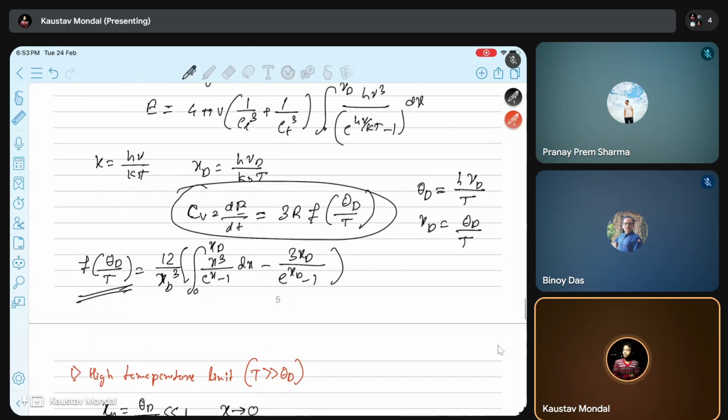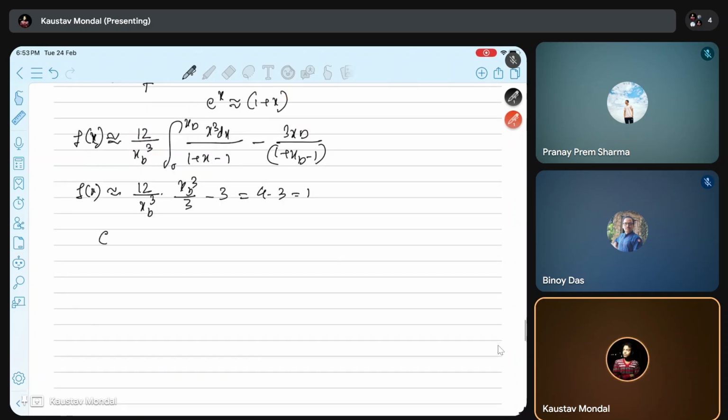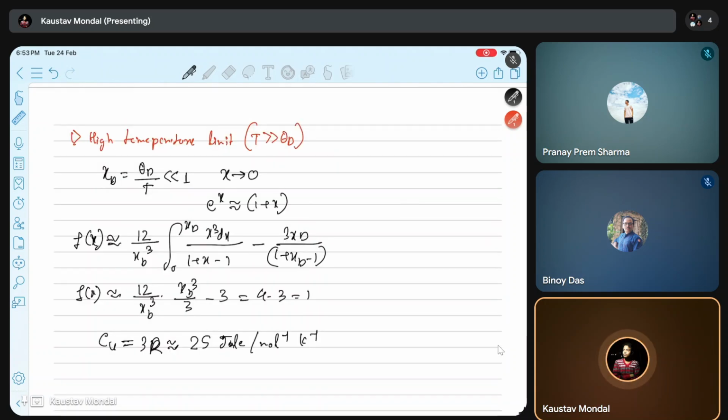So from this expression you can tell Cv is equal to 3R, that is a very known thing to us, that is 25 joule per mole inverse Kelvin inverse. Okay. So for the high temperature limit, as you can see, this expression basically matches with the experimental results.